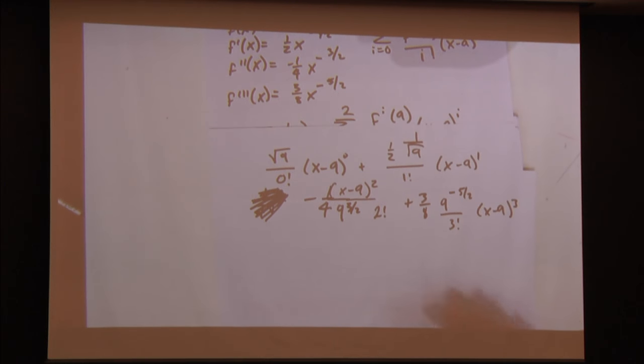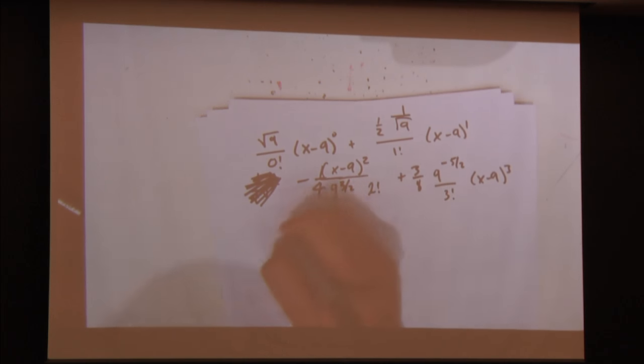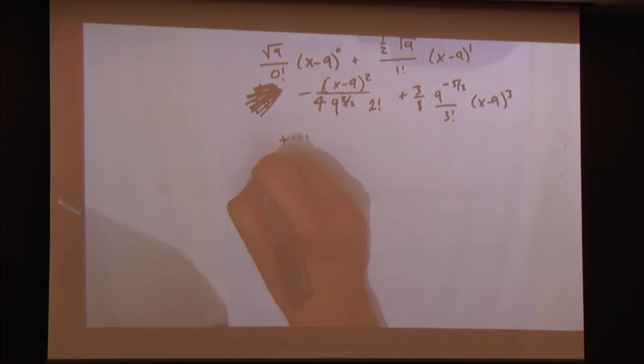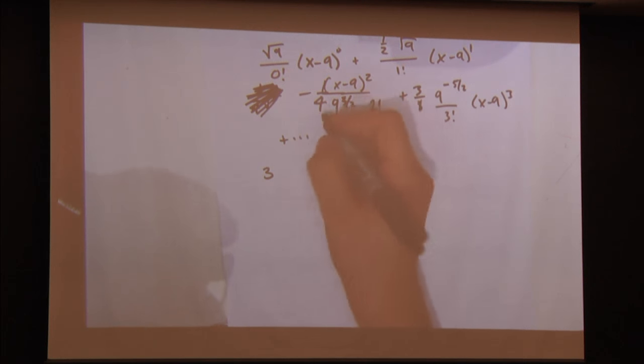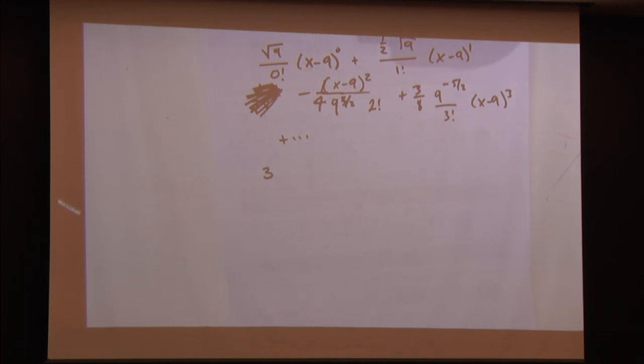That should be sufficient. You plug in like you always have. Plus dot, dot, dot. And then you get 3 for the first one. This goes away. This is 1. That is 1.